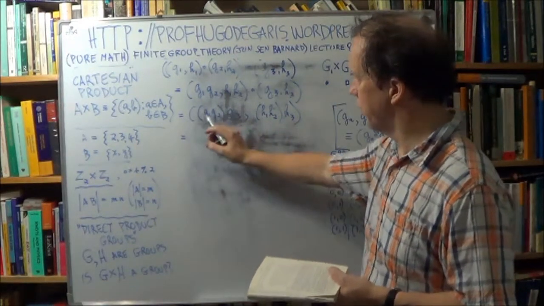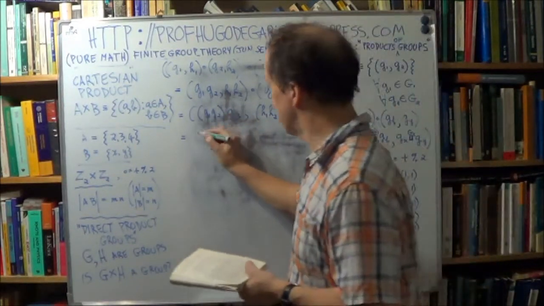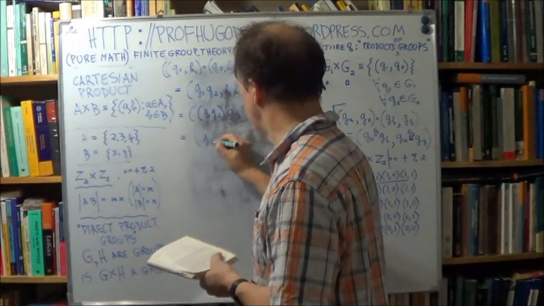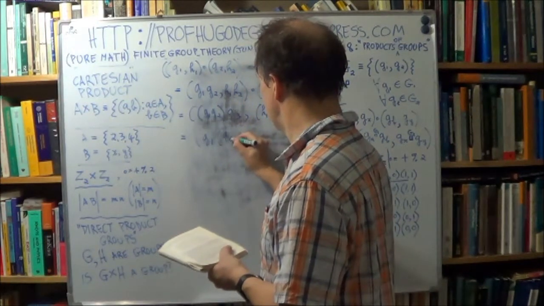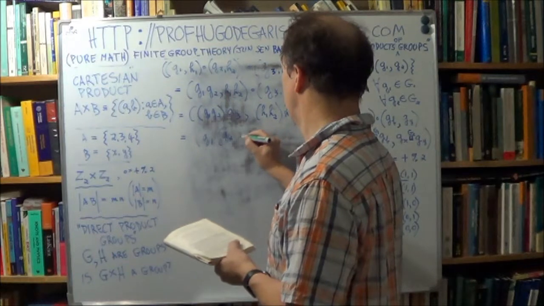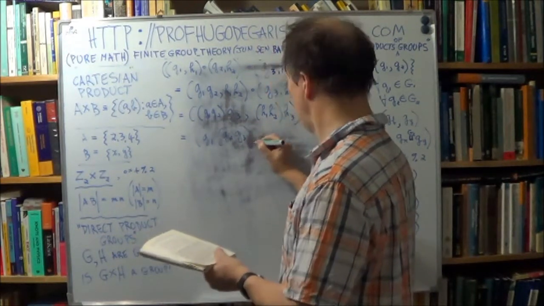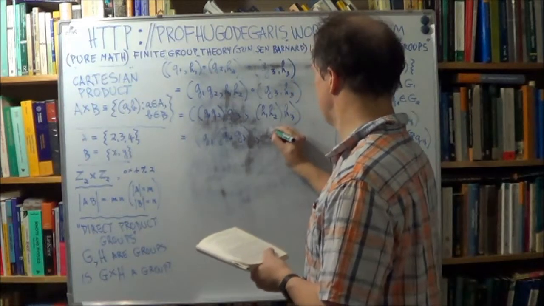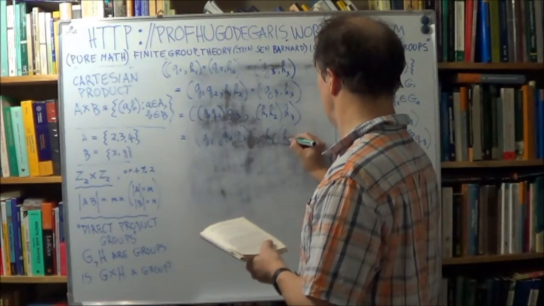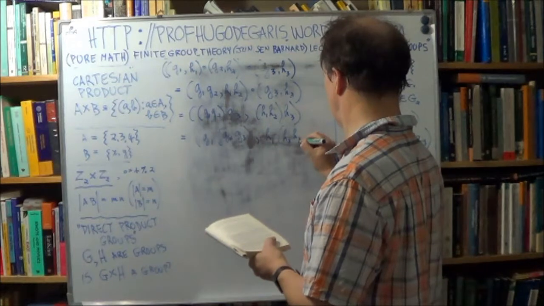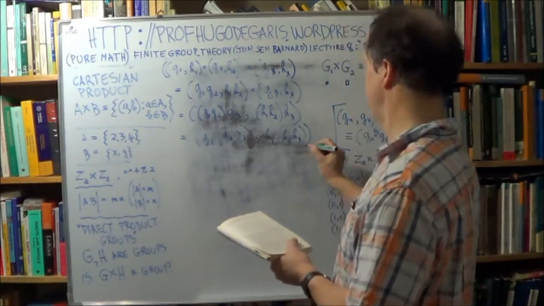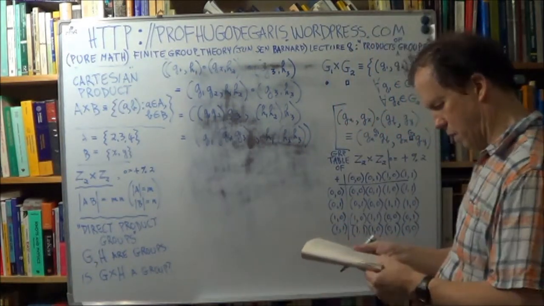So we can change the brackets around here. So this will become just like G1 into G2, G3. And similar logic here, so this becomes H1 into H2, H3. Follow that? Okay.